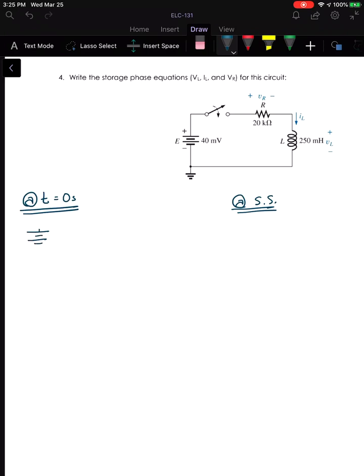So when you first close the switch, what we have is the inductor acting like an open circuit because it does not want to allow that current to change. And since there was no current before, it's wanting it to stay that way. Okay. Once it reaches steady state, it's allowing all the current to flow through the circuit.